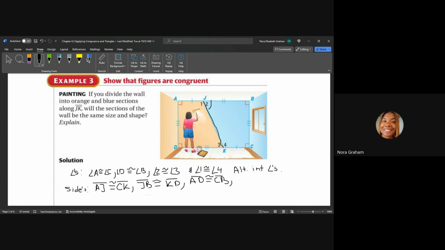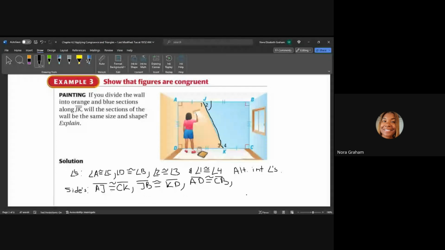To prove that it's congruent to itself, notice that both these shapes share that side. So that's actually going to be called the reflexive property, because it belongs to this figure, and it also belongs to the other figure on the right.